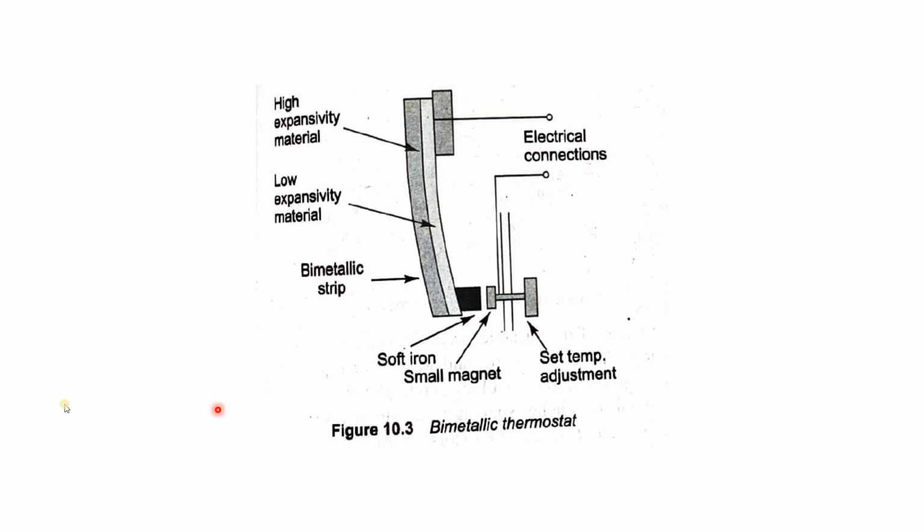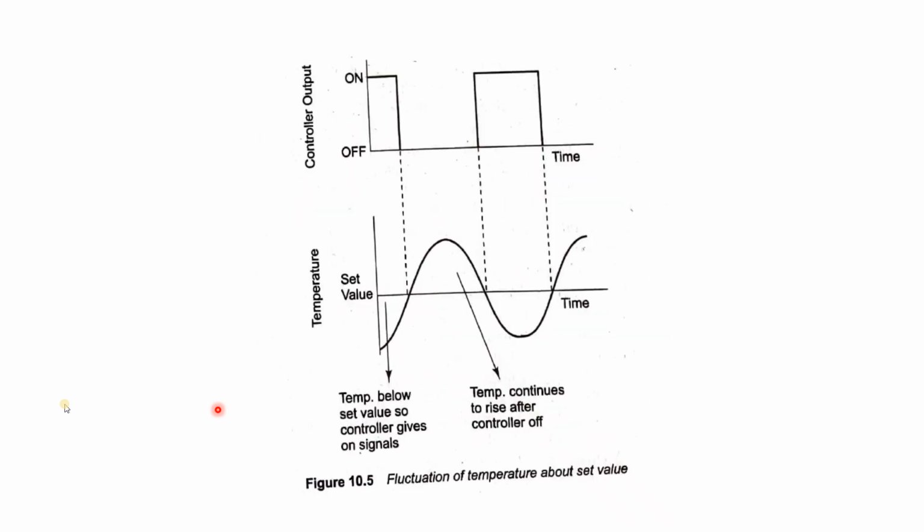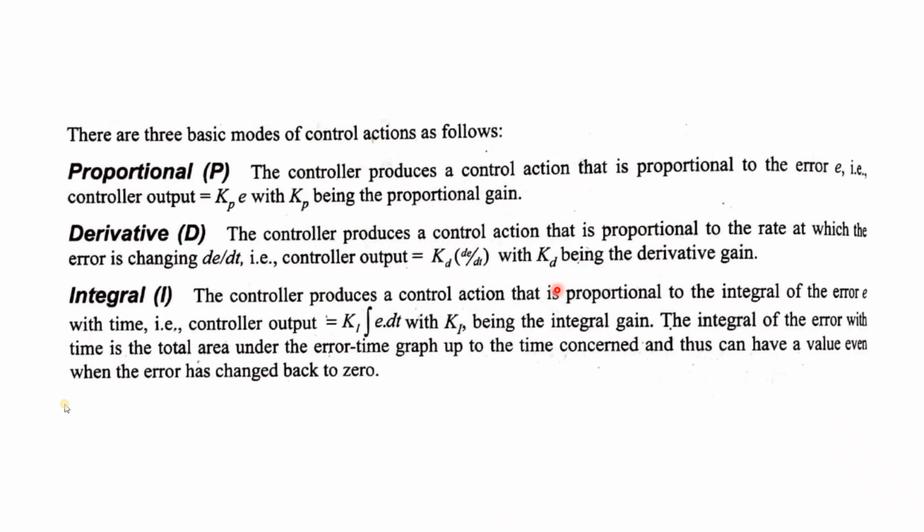So that means there was a delay. It was like this. As we have seen, the temperature was rising, but it rose too high, and when decreasing, it also decreased too much. So it was not a continuous control.